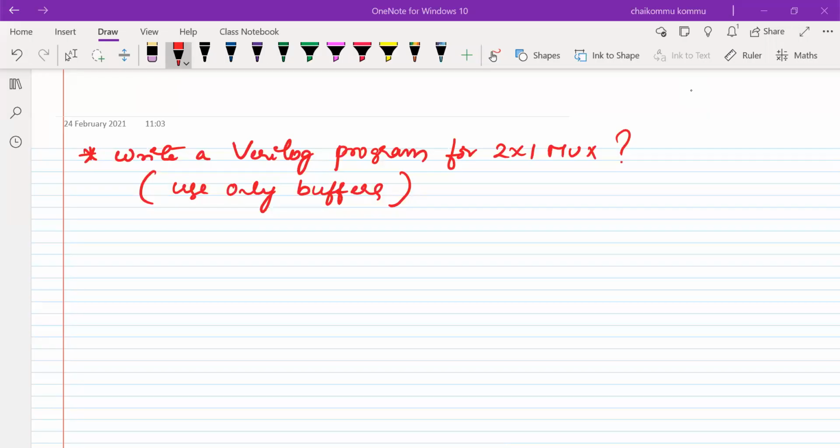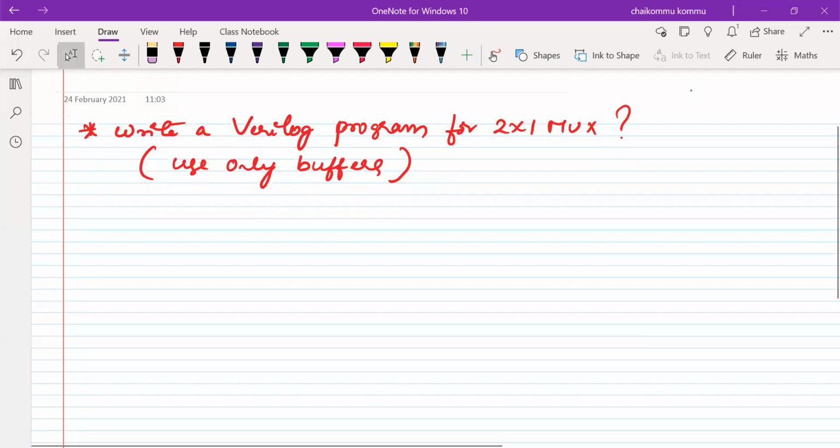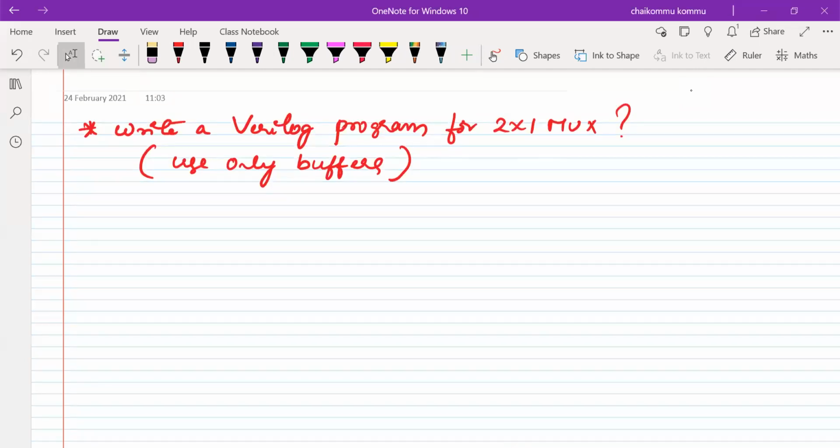Okay, so this is our objective. We need to write a Verilog program for a 2x1 multiplexer, but by using the buffers only. As all of you know, the top level module is something like this, looking like a black box consisting of 2 input signals.